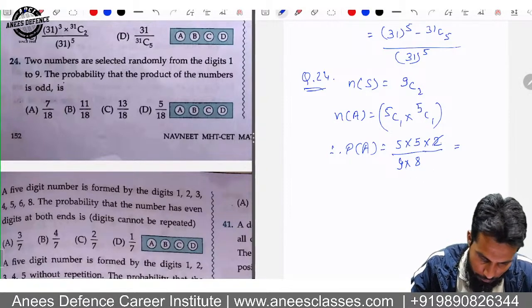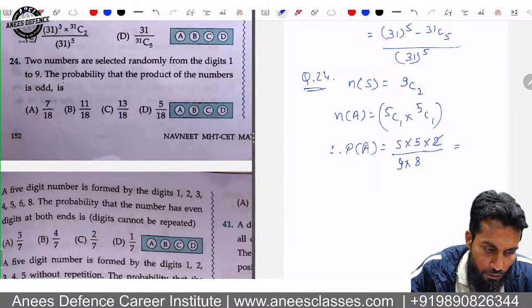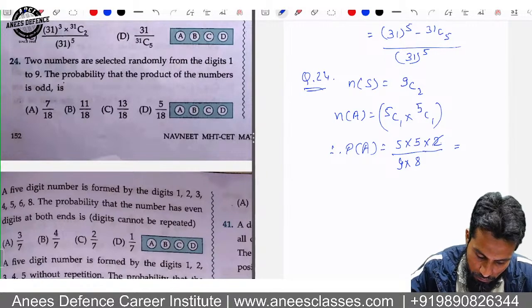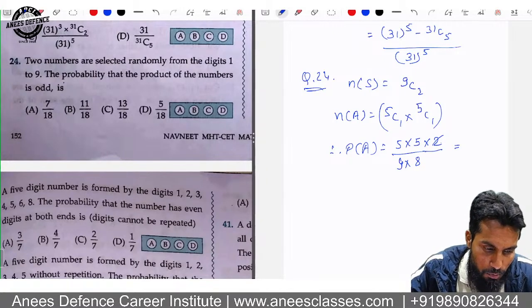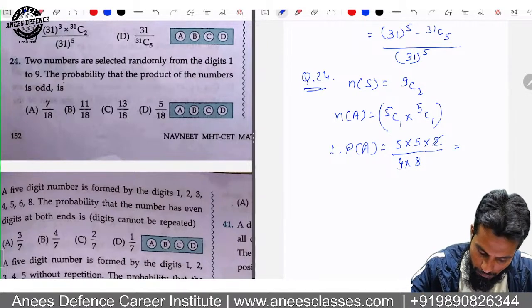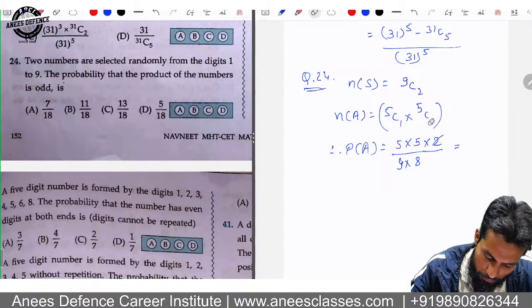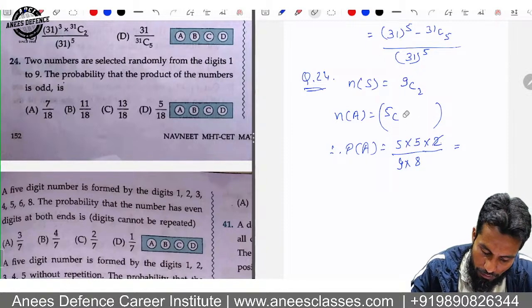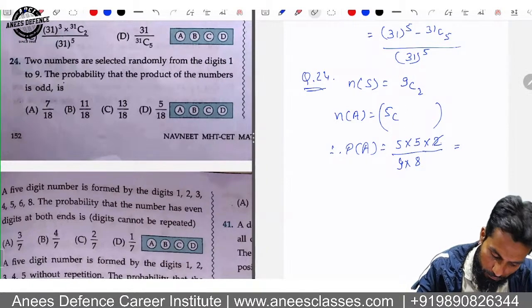9C2 is correct, no? Sample space. Then instead of 5C1 into 5C1, you are saying it should be 5C2. Correct. 5C1 into 5C1 is going to give you again 25, but 5C2 will give you a different value. Just take the odd numbers, total 5 odd numbers are there.